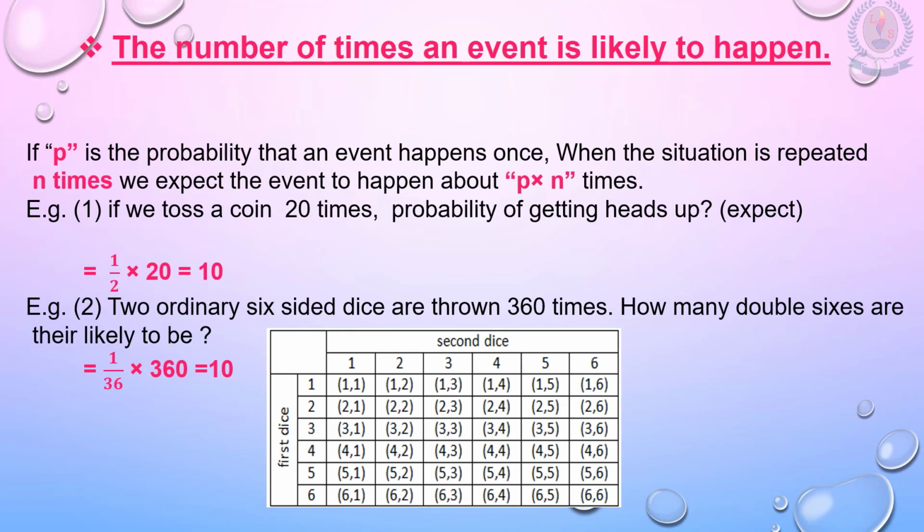There are altogether, according to the possibility space, 36 outcomes. 1 chance to get a double 6. So 1 over 36 multiplied by 360 equals 10.